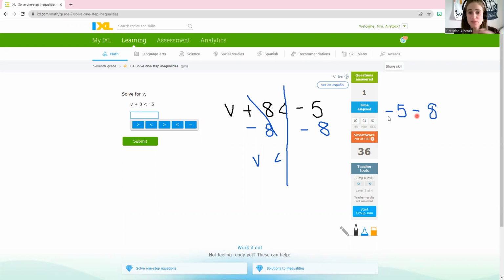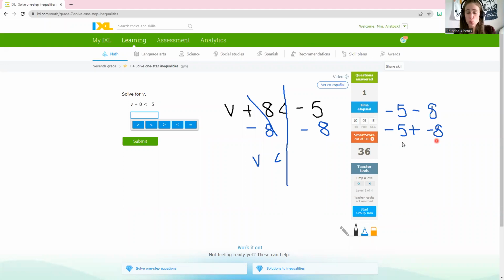When you have negatives and subtraction signs involved, it'll make things easier if you rewrite it to addition through keep, change, change. So you keep the first number the same, change subtraction to addition, and change your +8 to a -8. Now we have -5 plus -8.